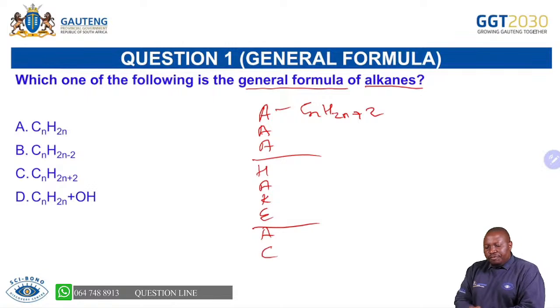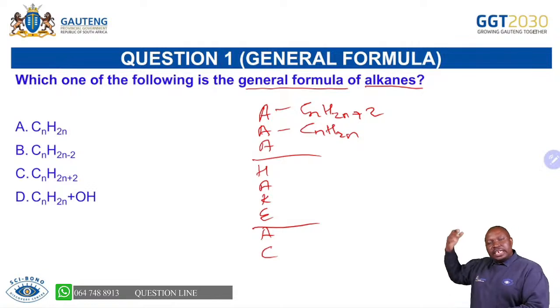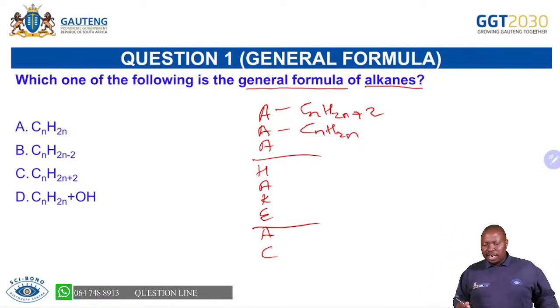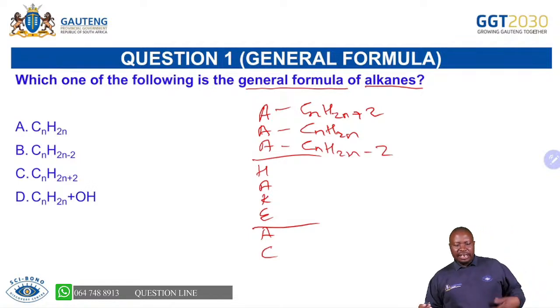And you know that if we remove the 2 hydrogens, we'll have a double bond. Hence, for alkenes, which have now a double bond, the general formula will be CnH2n. To get alkynes, you know that you must remove further 2 hydrogens again. Hence, the general formula for alkynes is CnH2n-2. So you must be able to have that information.